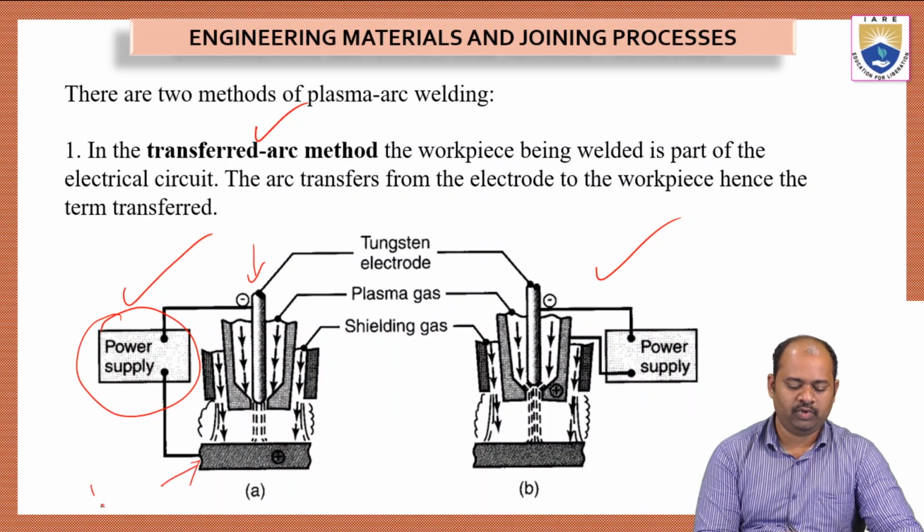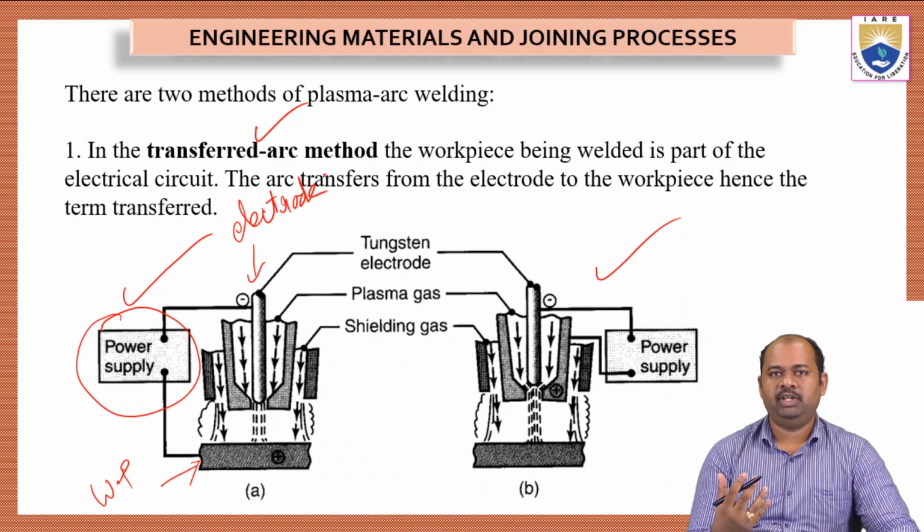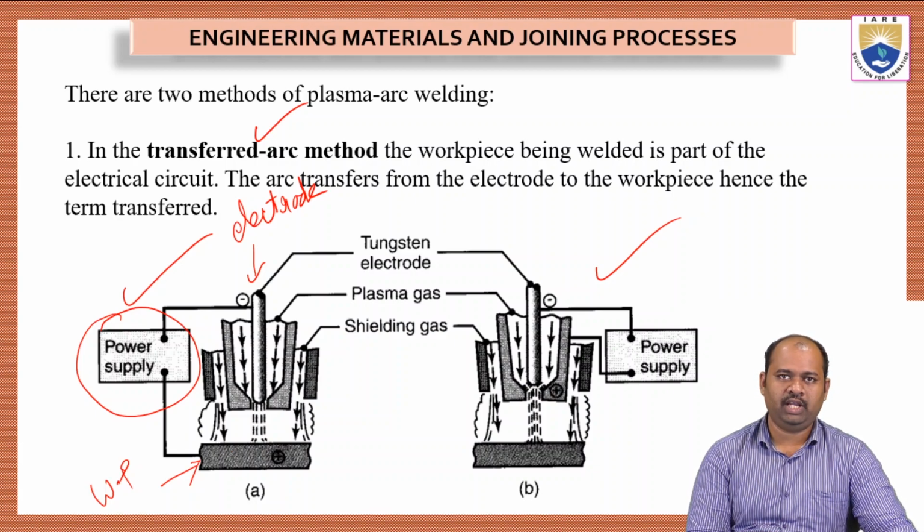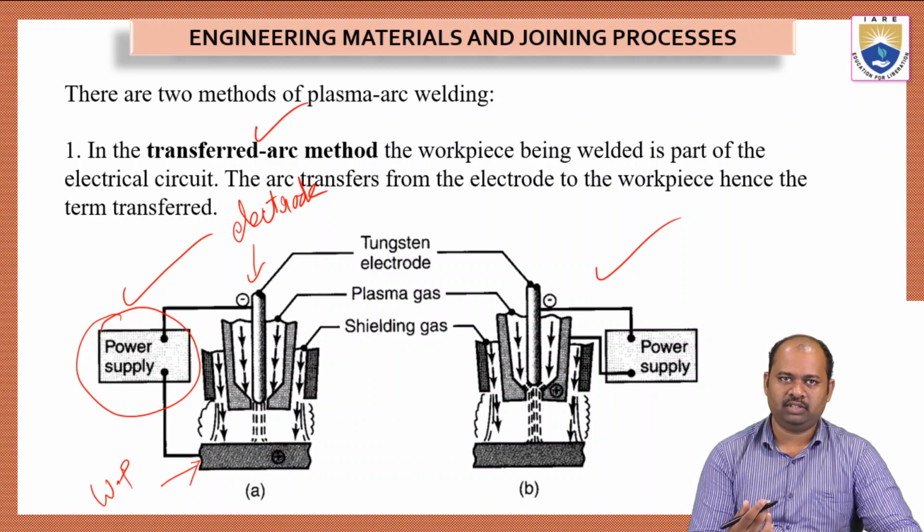So this is workpiece and this is electrode. The workpiece usually will be positive and the electrode will be negative, so that we can make the flow of electricity through this plasma arc welding torch.